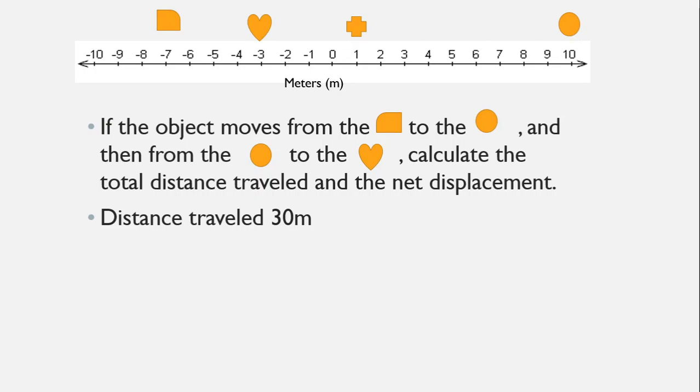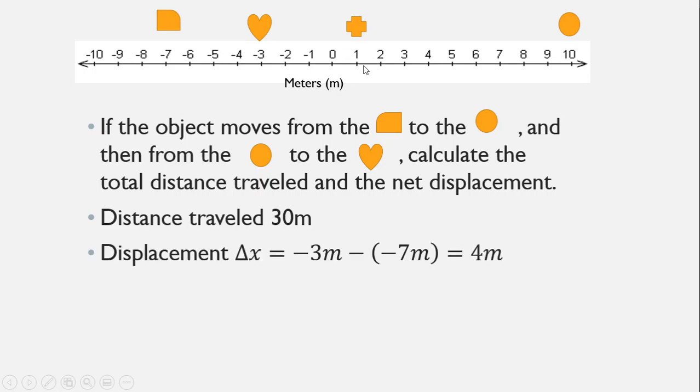Okay, so that is 17-ish. Then you've got the circle to the heart. So that's going to be about 13. So that should give you 30 meters total. So that's how much, or the distance that was actually moved, not how far you are from the start. Okay, so that would be your displacement.